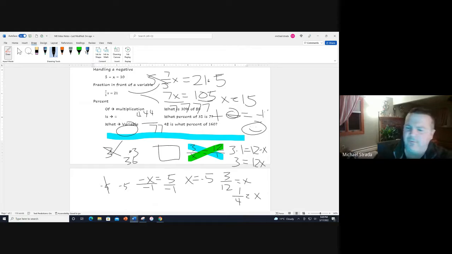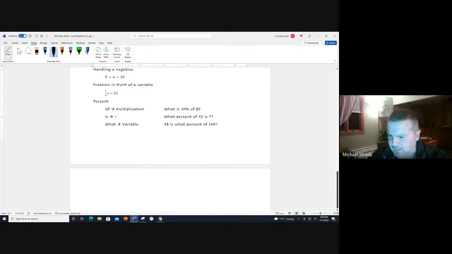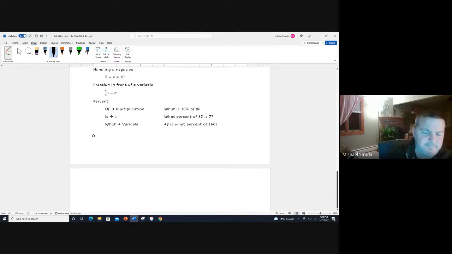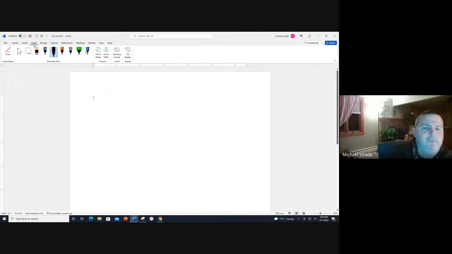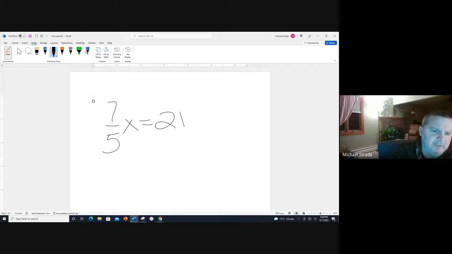If you don't want to do that, if we come down here, 7/5 x equals 21. If you'd like, you can do both of those steps mentioned earlier at once by multiplying by what we call the reciprocal.